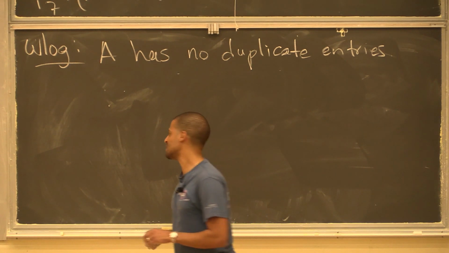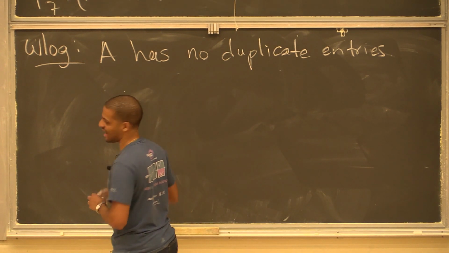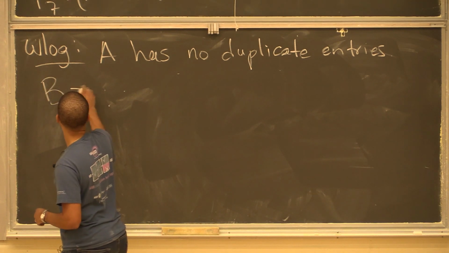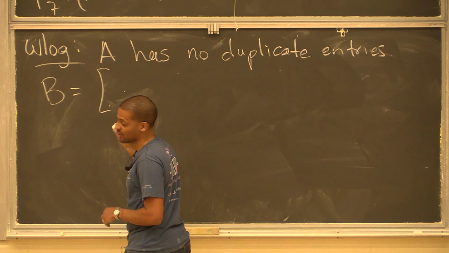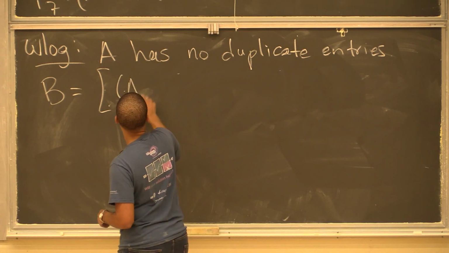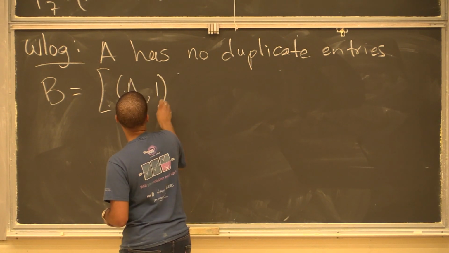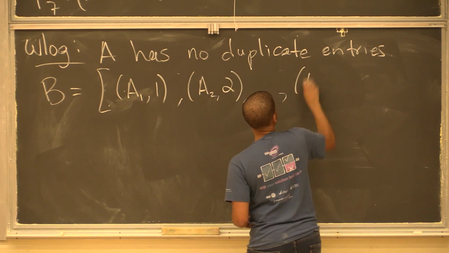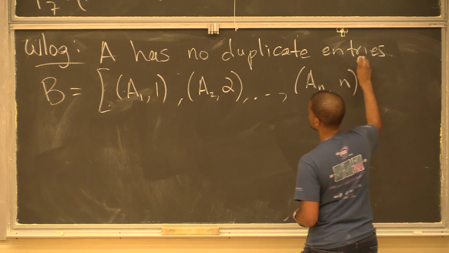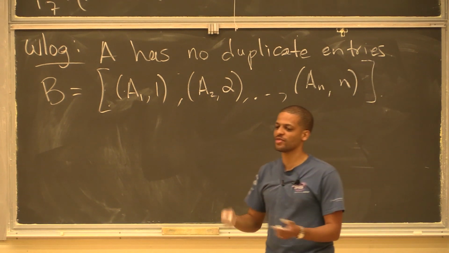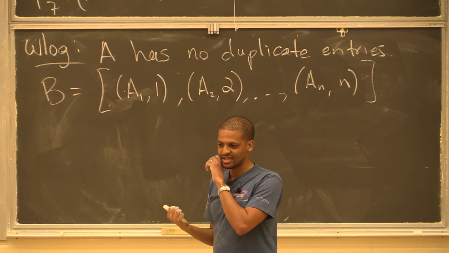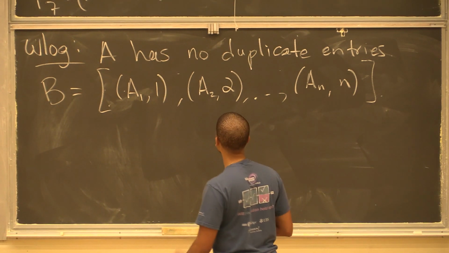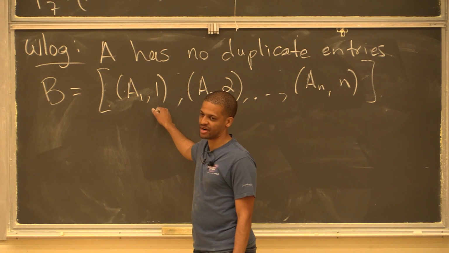The trick is, I have my initial array A. Let me create a new array B, where B is the array of pairs: A1, comma 1, A2, comma 2, up to AN, comma N. And then I'll just solve the problem on B. For the comparison, I do basically lexicographic comparison.